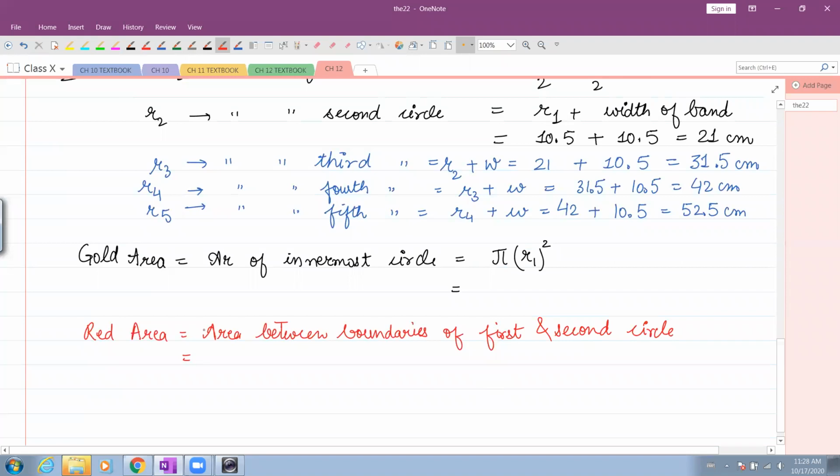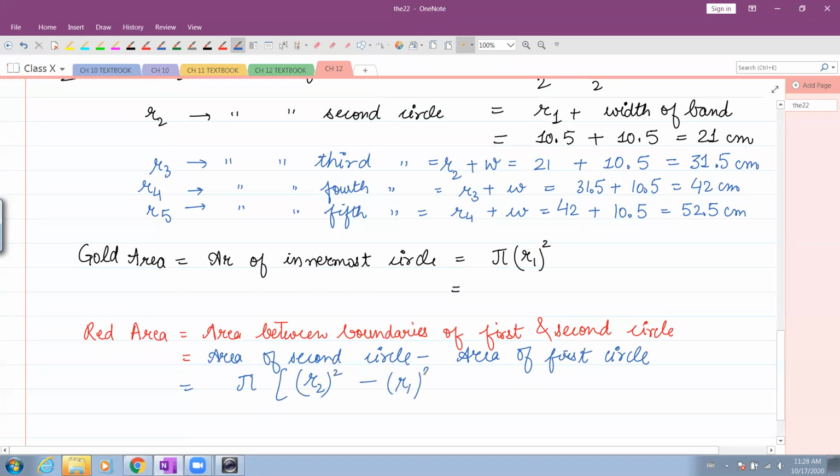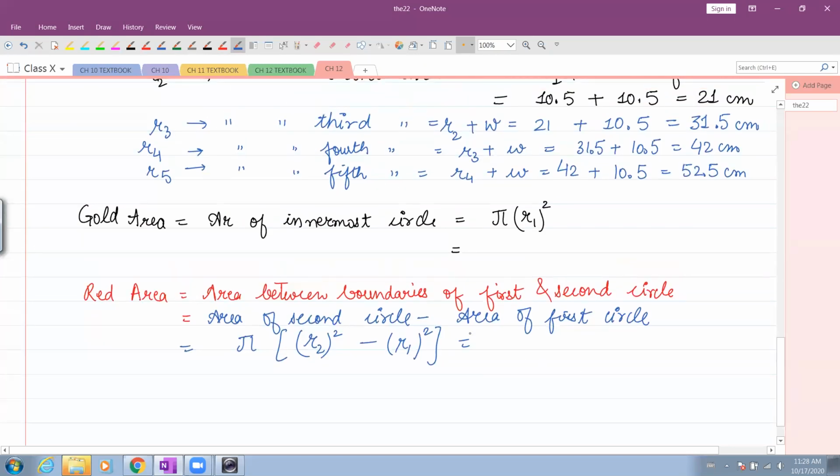So area of ring is given by area of larger circle minus area of smaller circle. I'm going to do this part with you. Pi, if we put the values, we have 21 square minus 10.5 squared.